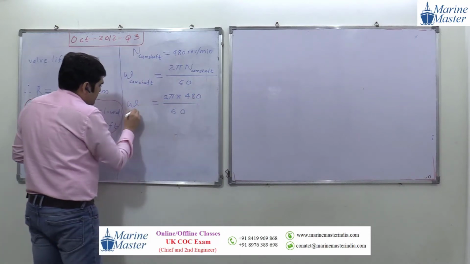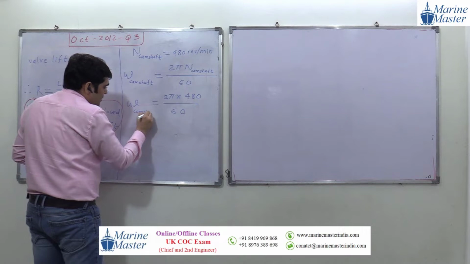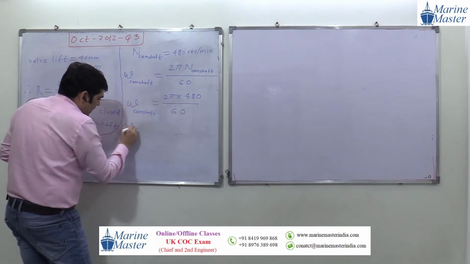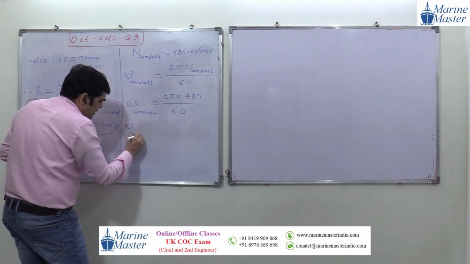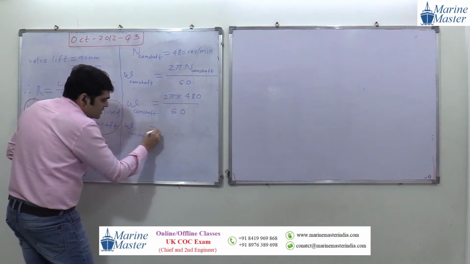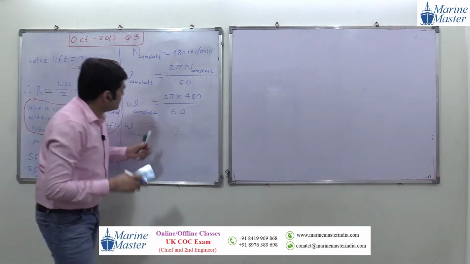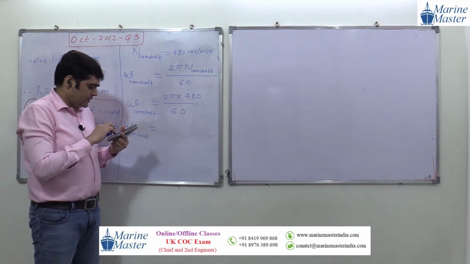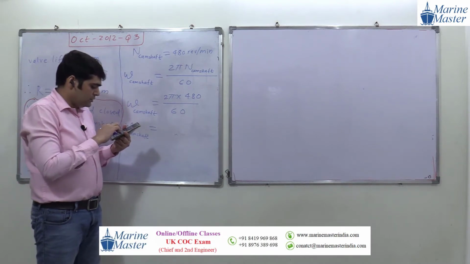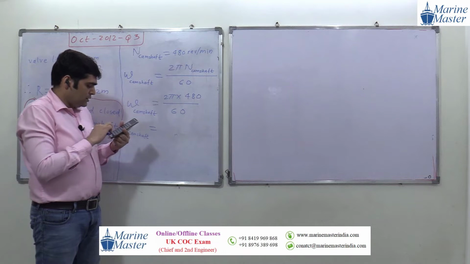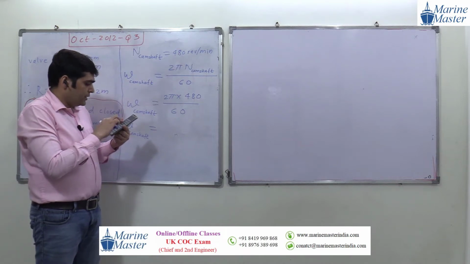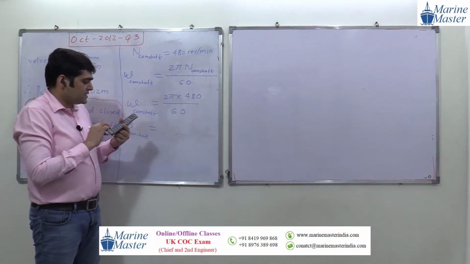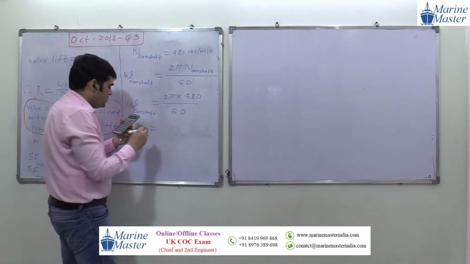Everyone, please do the calculation with me and tell me the value of omega camshaft. Very simple discussion, guys, not that difficult, but there is a twist in this question. So 2 pi into 480 divided by 60. How much?